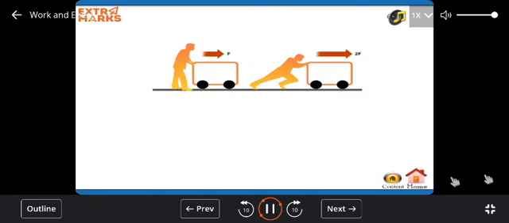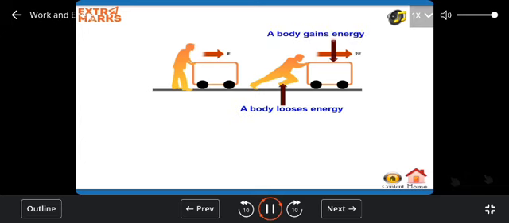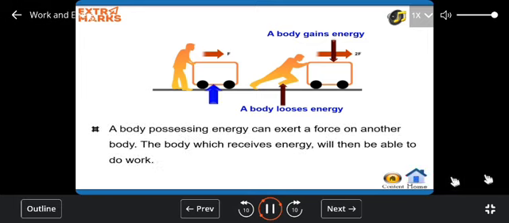There is a loss in energy of a body on doing work, while the body on which work is done gains energy. The energy possessed by the body can be utilized in applying the force on another body. Hence, as the body receives energy, it will be able to do some work.